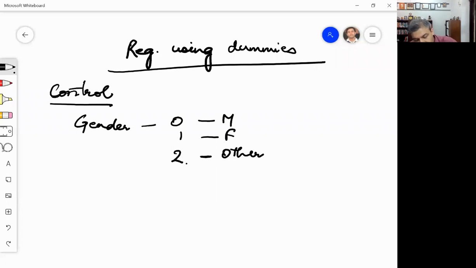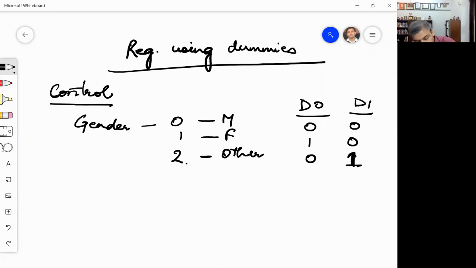So when you do your regressions, you should create two dummies, D0 and D1. 0 is coded as 0, 0. 1 you can code as 1, 0. And this can be coded as 0, 1.